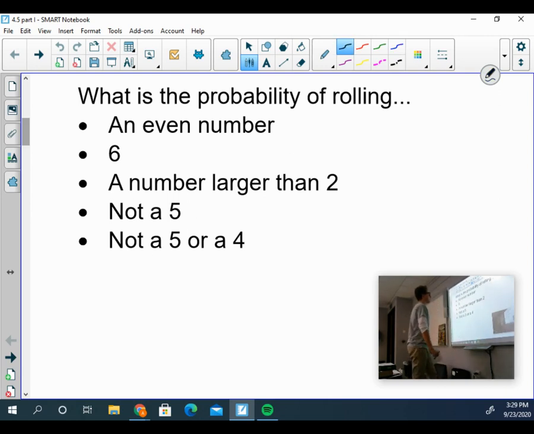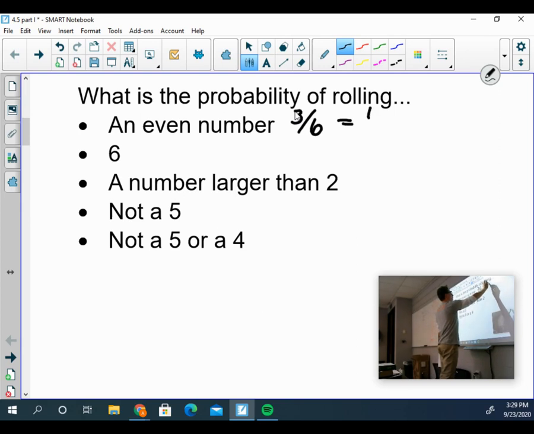So what's the probability of rolling an even number? Well, on a die, there's 6 sides. 3 of those numbers are even, so it is 3 out of 6, or a 1 in 2 chance. For a 6, there's only one 6 on a fair die, so there's a 1 in 6 chance. A number larger than 2?